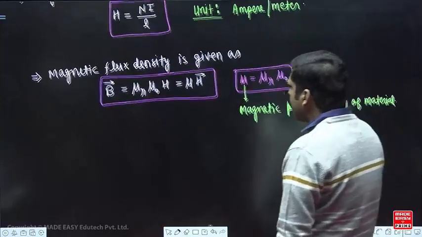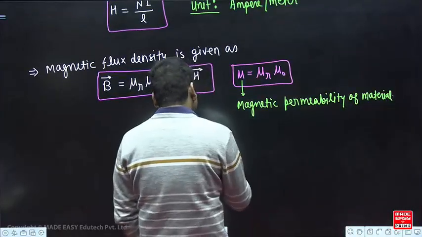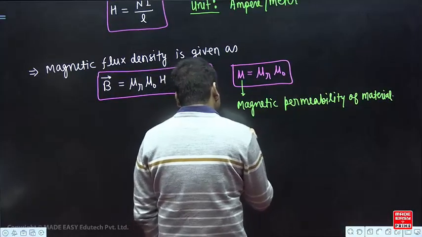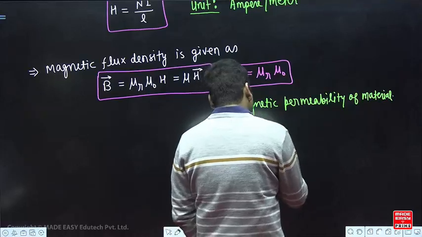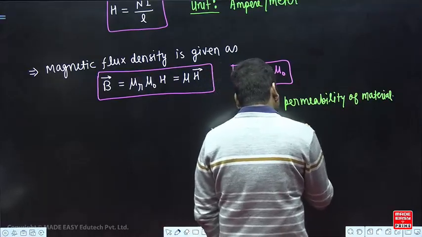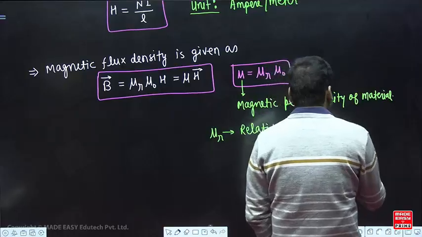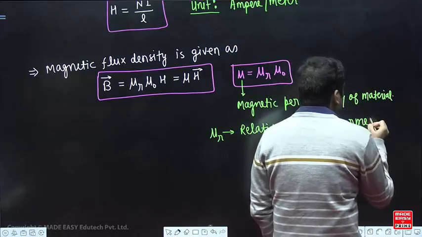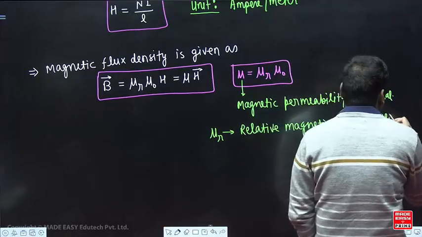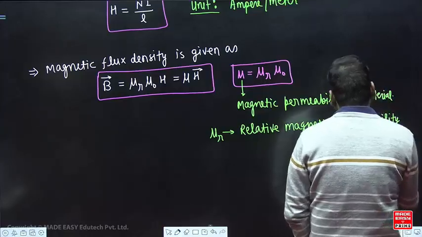And this mu r, very important, is known as relative magnetic permeability of material.